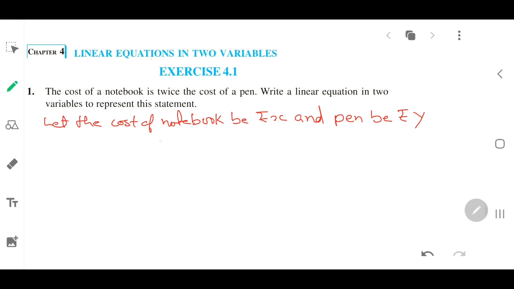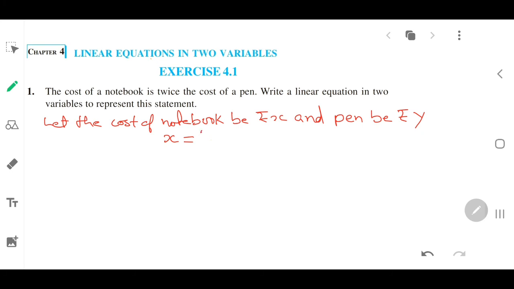Okay. So we can write the cost of notebook, that is X, is equal to twice the cost of a pen. So if the cost of notebook is X, what would be the cost of the pen?